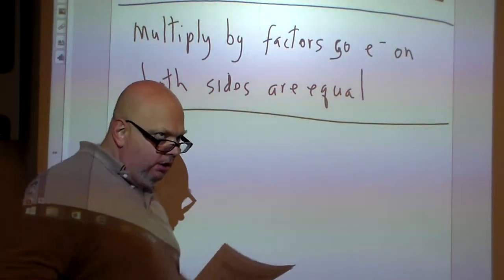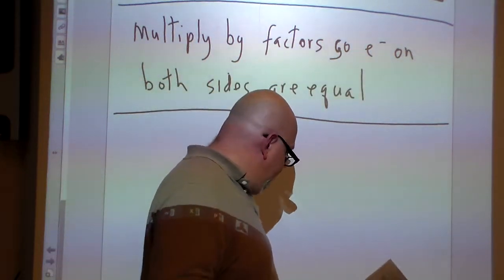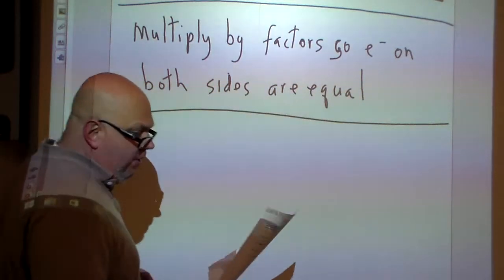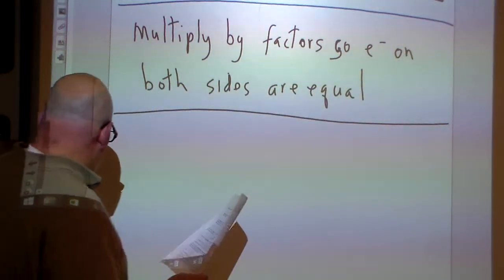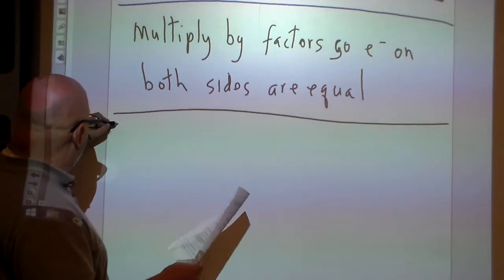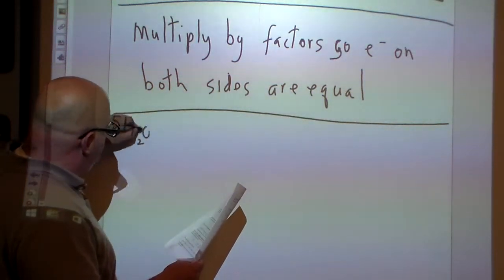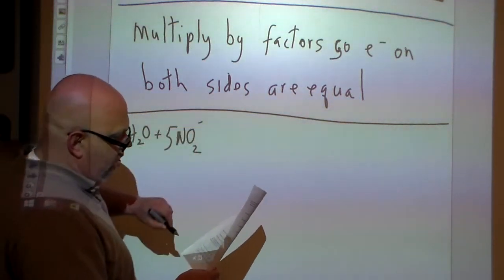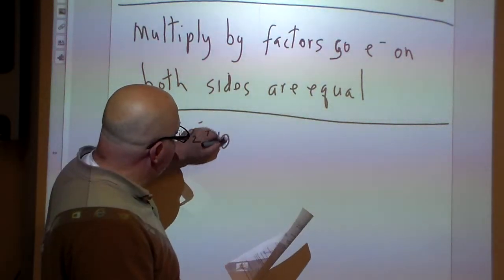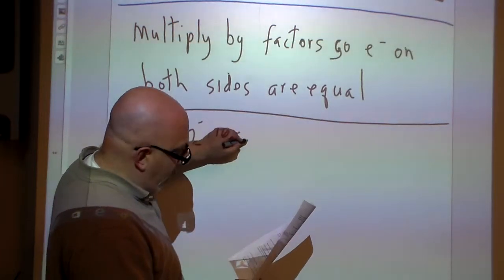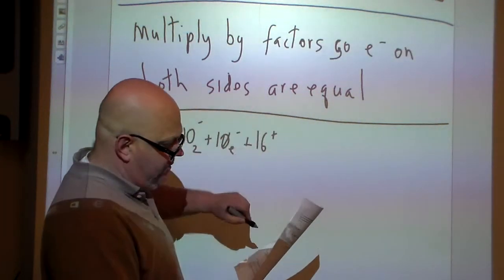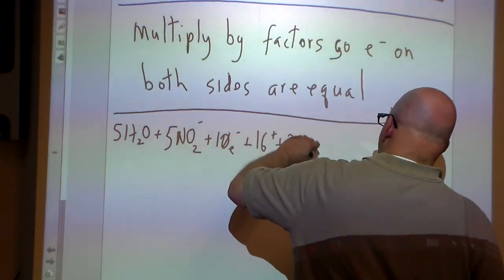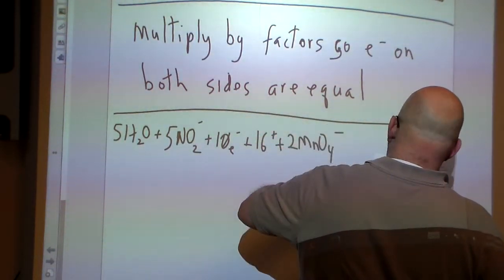So we multiply all this stuff out. Here's what we're going to get. And I'm going to write this in black, because this is going to be a long one, so I'm going to have to write kind of tiny here. So here we go. We have 5H2O plus 5NO2 with a minus charge plus 10 electrons plus 16 hydrogens plus 2MnO4 minus.